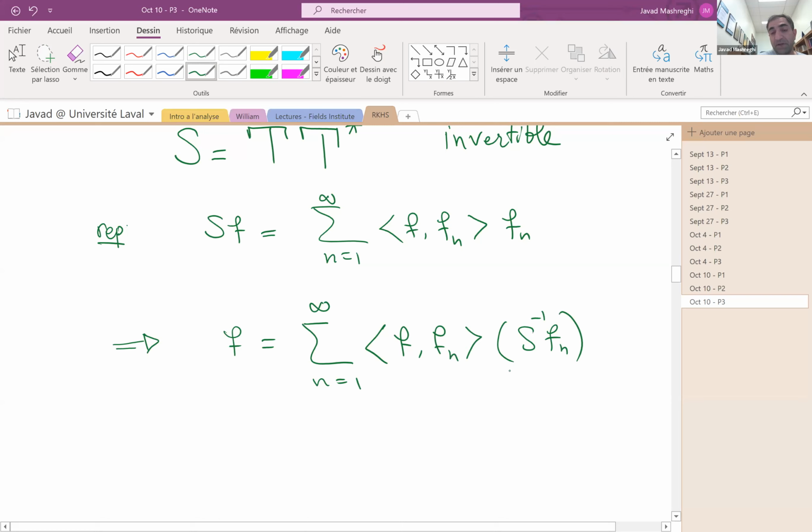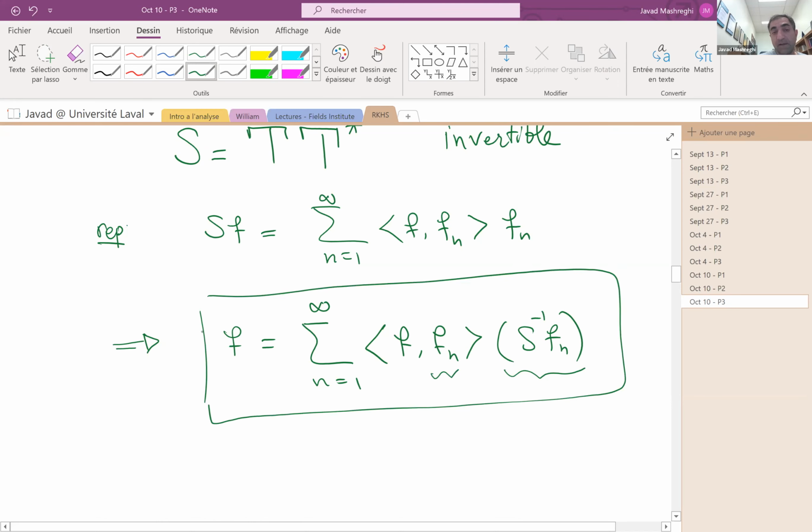It's very similar to the previous representation. That's one function, that's another function, and we have a representation. Another option, instead of multiplying both sides by S minus 1, is to replace f by S minus 1 f in this formula. So it gives us S of S minus 1 f.